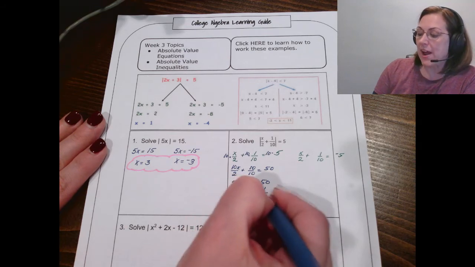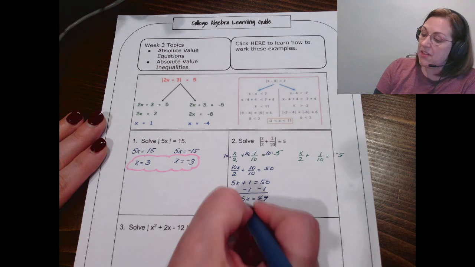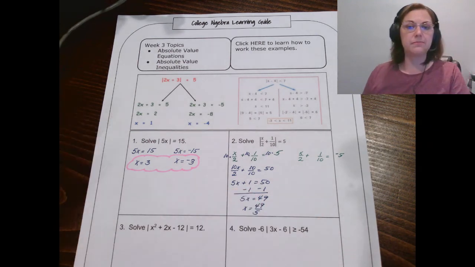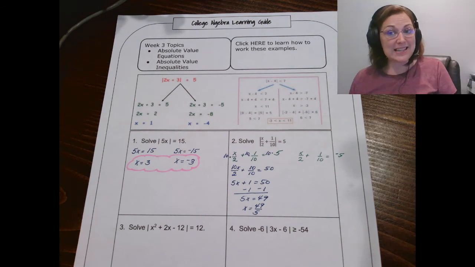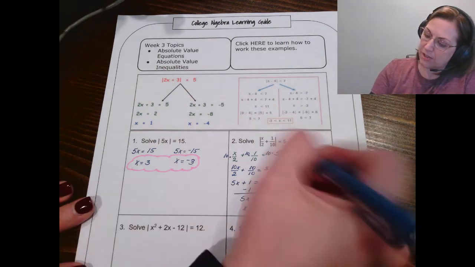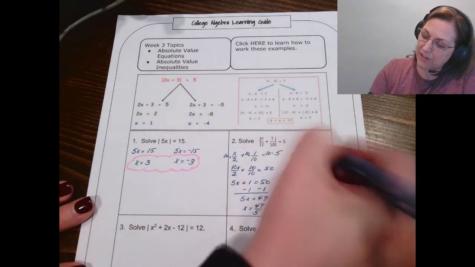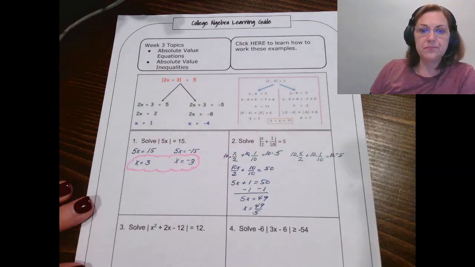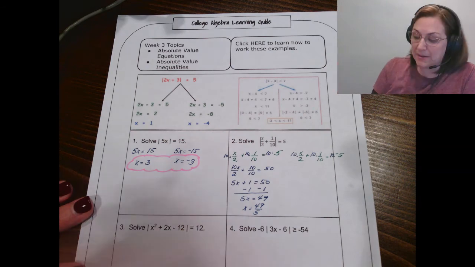Now, I'm subtracting 1 from both sides, and then I'm going to divide by 5 to get my first solution there. Now, I'm going to do the exact same thing with the second equation. I'm going to multiply every term there by 10 since that's the common denominator. The same thing happens this time.